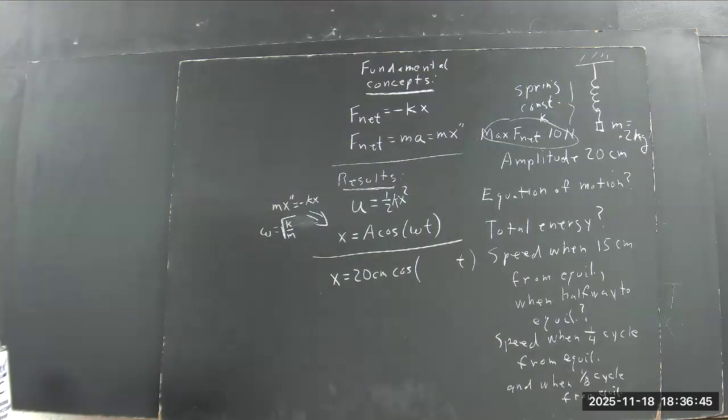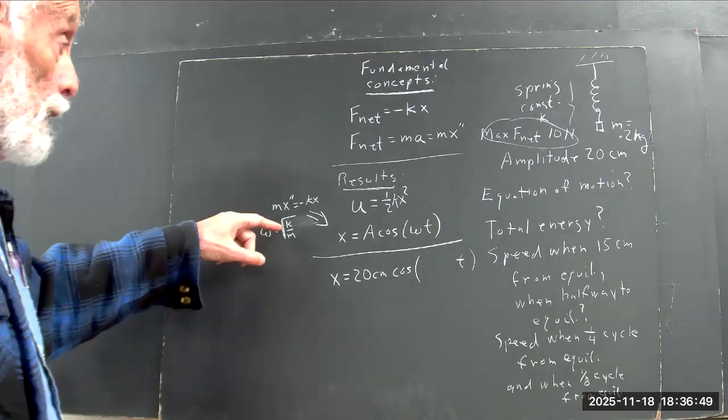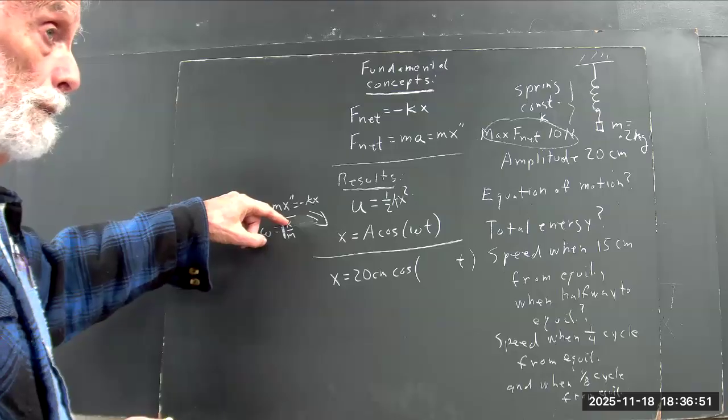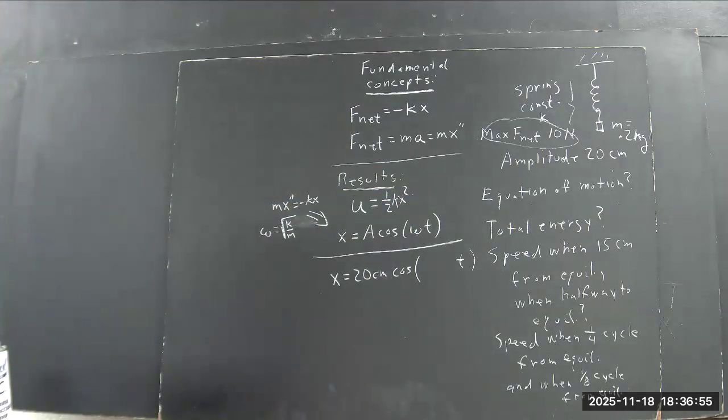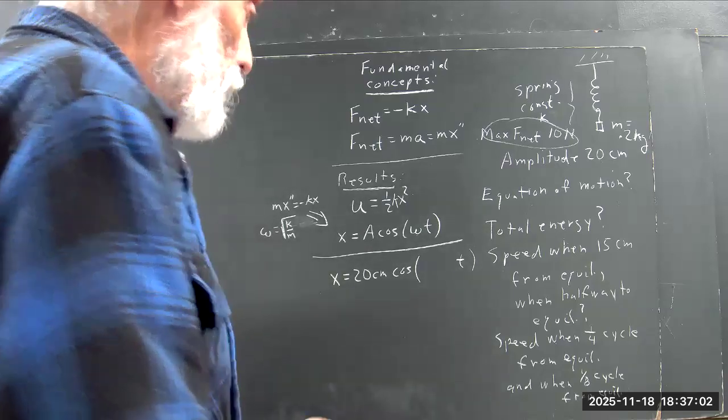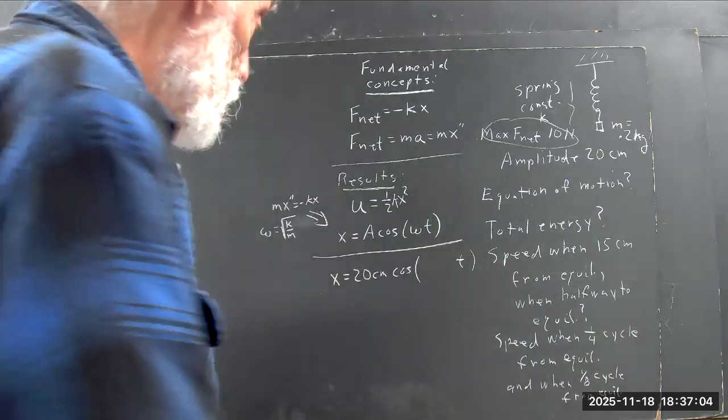How do you get omega? Okay, you should understand that to get omega, your key is to get k. I didn't tell you what k was, but I gave you plenty of information to get k. Hopefully you've gotten k. If not, pause and see if you can get it.